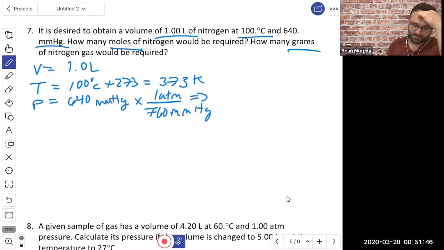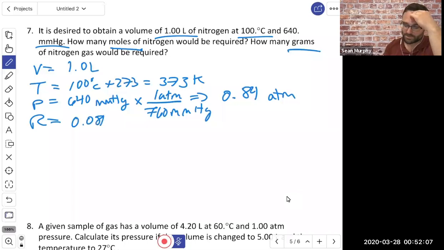Let me see what happens. 0.84, close enough. 0.84 atmospheres. Less than 1 atmosphere. What else are we looking for? R, since we're going to use atmospheres, it's going to be 0.082. And then we're looking for the number of moles.